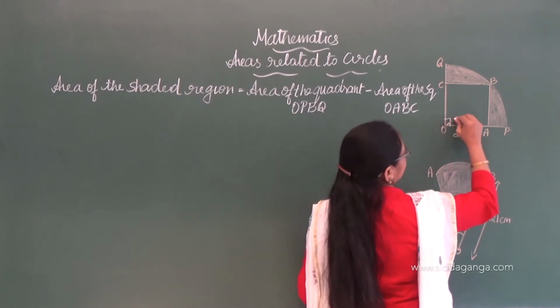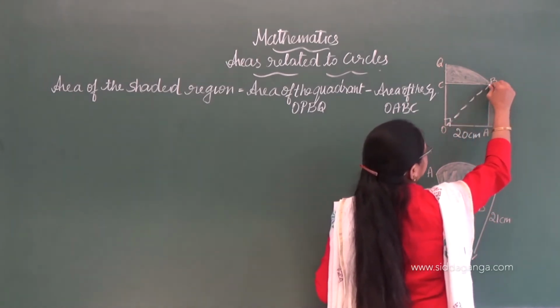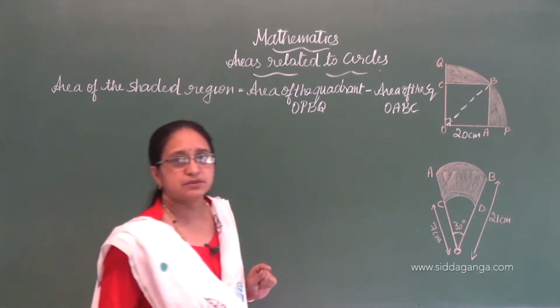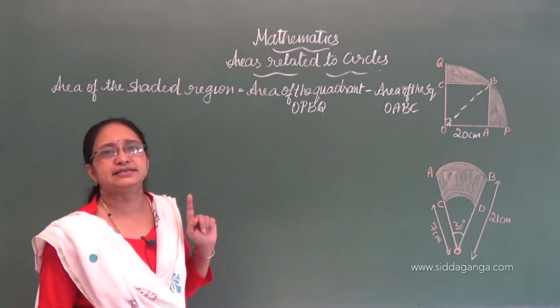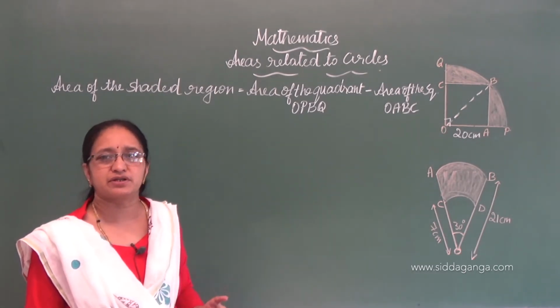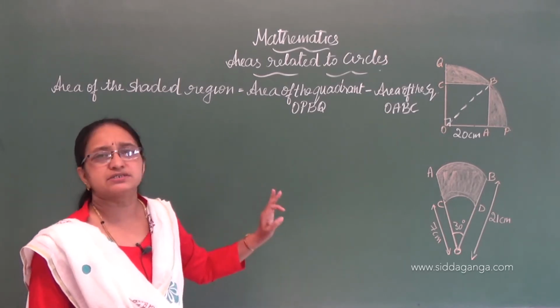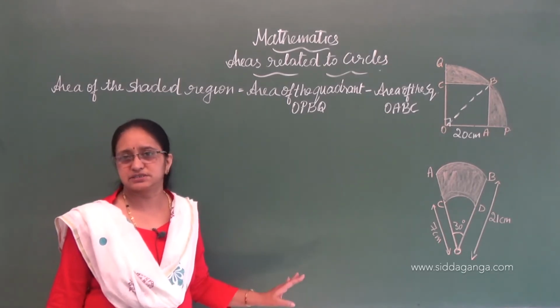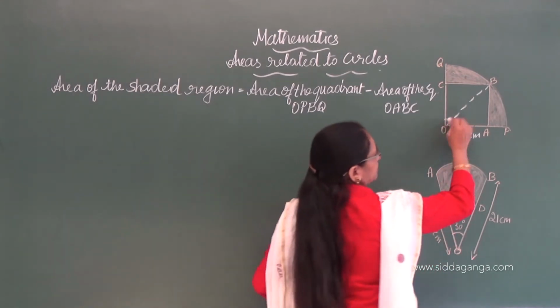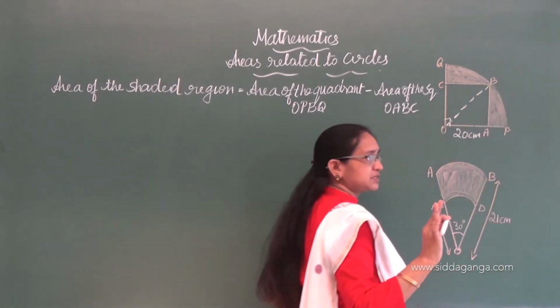Or if I draw a line here, if I join OB, then OB will be the radius. Please observe, it's very, very important. If you know this, the sum is very easy. Okay. See, OB is the radius of a circle.